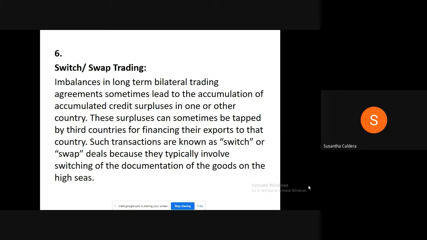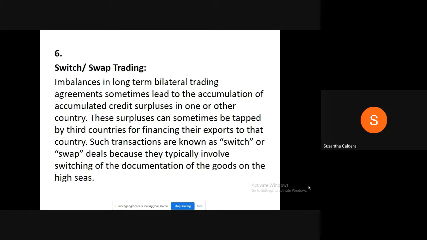So with this switch or swap trading, what we can do is, instead of paying Bangladesh ourselves, we can ask India, which is holding certain money for our exports now, to settle Bangladesh on behalf of us.